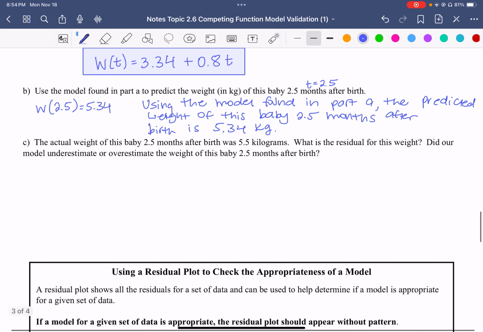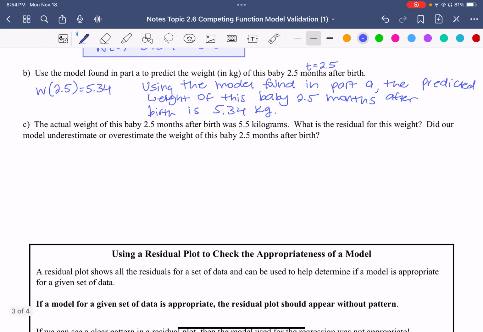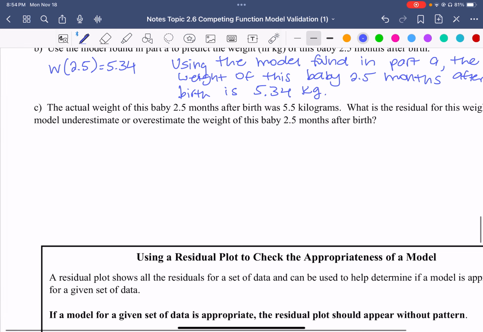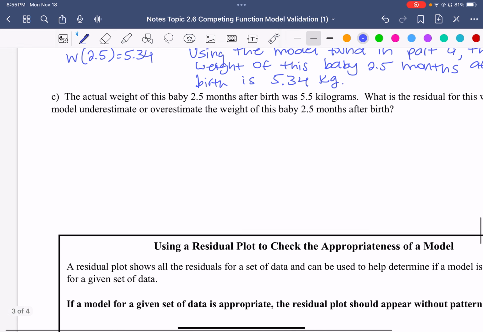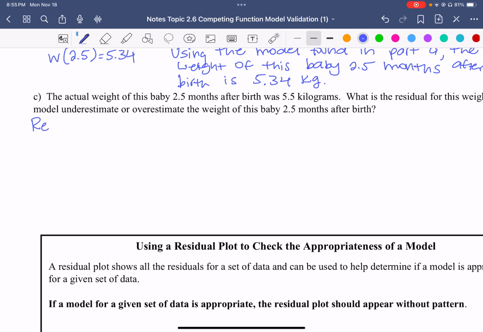Okay. Letter C says the actual weight of this baby 2.5 months after birth was 5.5 kilograms. What is the residual for this weight? Did our model underestimate or overestimate the weight of this baby? Okay, so for the residual, I know that it is the actual minus the predicted.